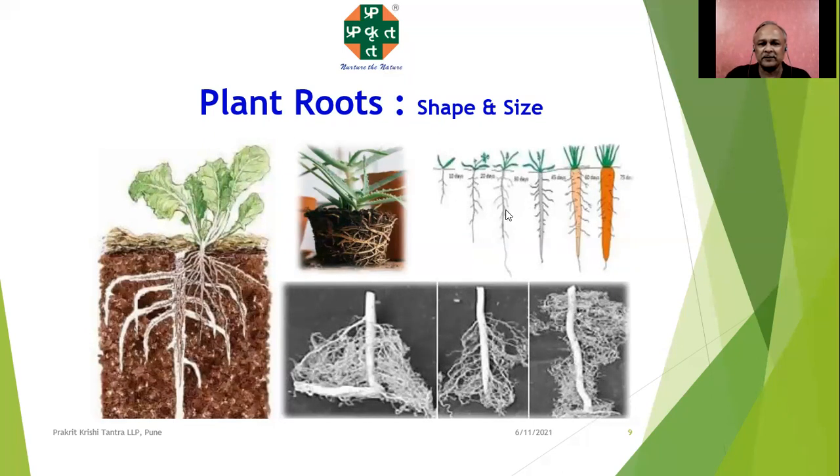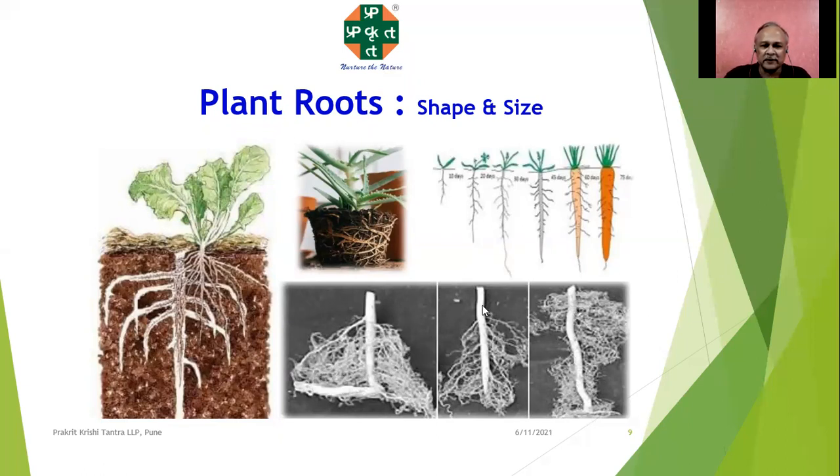The depth and the spread are both important, because here if you see, it could not go down, so it has bent here, and then the branching is happening and coiling is happening. And because of this too much of branching and coiling, it is occupying the soil space. And if ratio of soil is less to the ratio of the root quantity, then it will get less nutrient and less water. Less water means less nutrient.